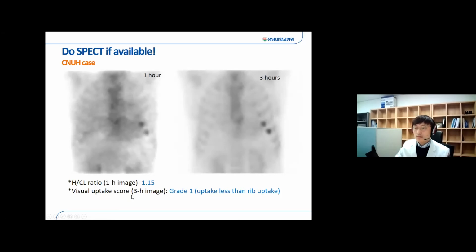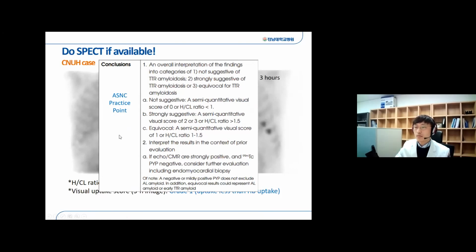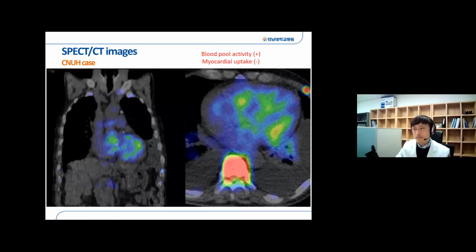So the visual score was considered to be grade 1, and the H/CL ratio, measured on the 1 hour image, was 1.15. According to the expert practice point, this is consistent with an equivocal diagnosis for ATTR cardiac amyloidosis. So it is not helpful for clinicians to differentiate ATTR cardiac amyloidosis from other forms of cardiomyopathies.